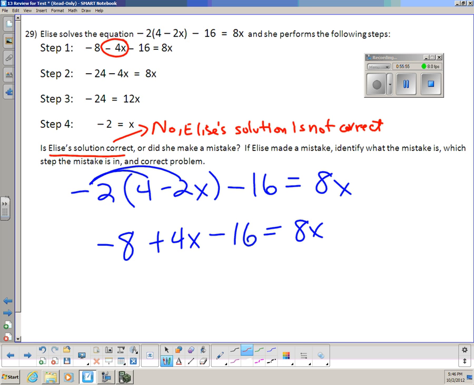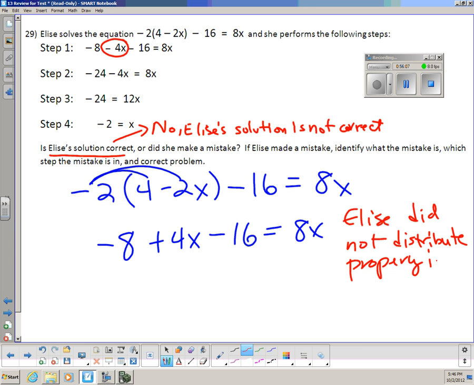Identify what the mistake was. So Elise did not distribute properly in step 1. And now we have to correct the problem. So I have to combine my like terms on the left side where I have negative 8 minus 16.